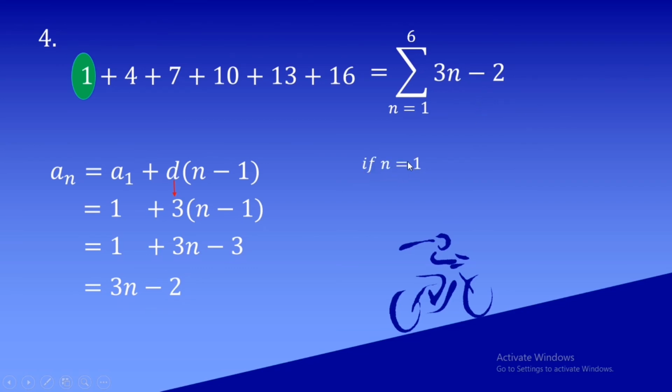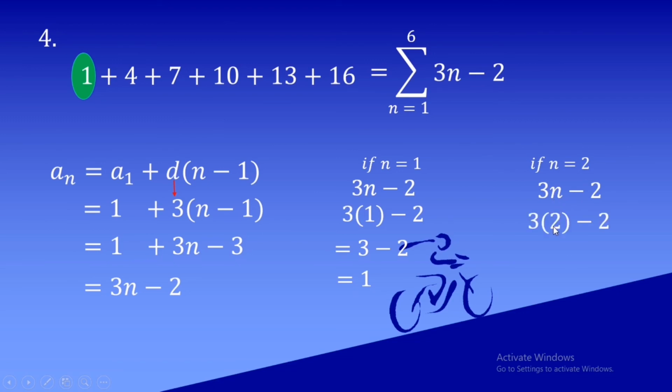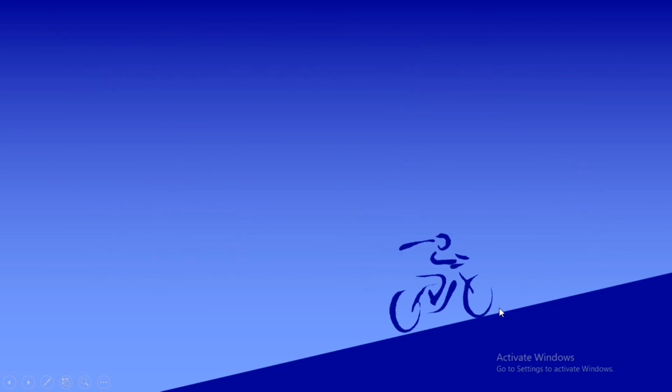So let us check if n is 1. 3n minus 2 as our formula, then n is 1. 3 times 1 is 3 minus 2 is 1. So that would be our first term. If n is equal to 2, 3n minus 2, then substitute the value of n. 3 times 2 is 6, minus 2 is 4. That is our second term. So you may continue for the n values.